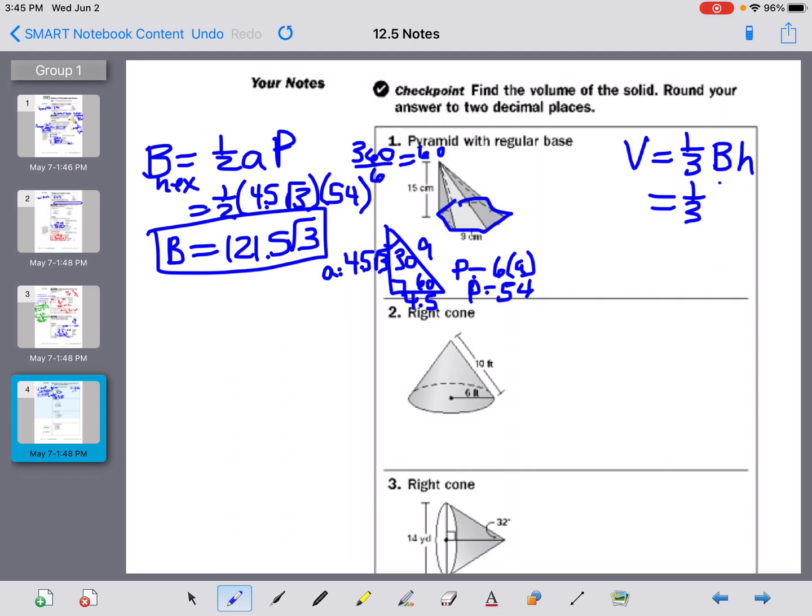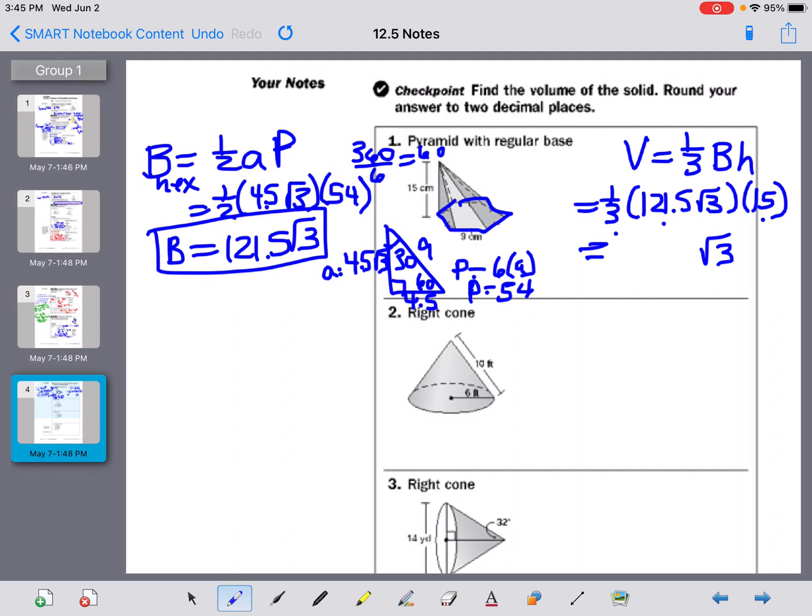So 1/3 times my big B of 121.5 radical 3, times my height. My height just needs to be perpendicular. It's okay that this is oblique, so it's going to be 15. All right. I'm multiplying my outside numbers together. That radical is just going to hang on the back.